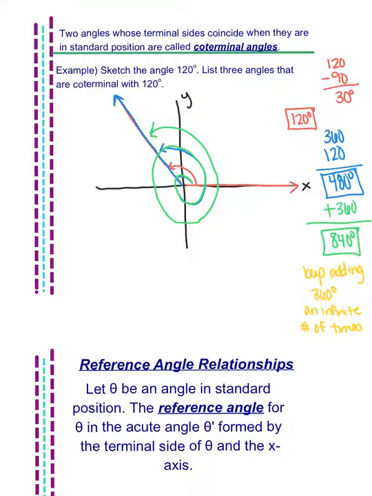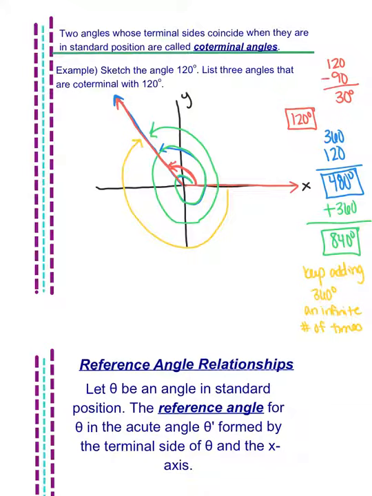So go back to that original 120 degrees right here. Initial side. If I were to go the opposite direction, so now I'm looking at negative angles, this angle measure right here. Well, you know that one rotation is 360 degrees.